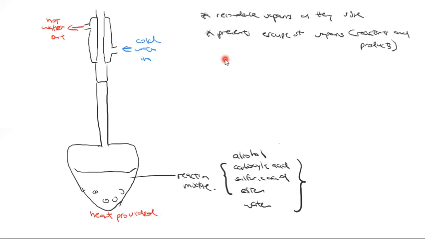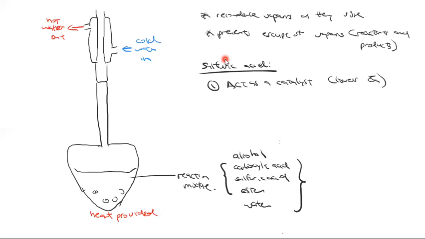So there's a few things we might also want to talk about. We talked about the role of the boiling chips, but we might also want to talk about the role of the sulfuric acid. Now, why do we have the sulfuric acid? We said to act as a catalyst. And remember what that means: it lowers the EA.